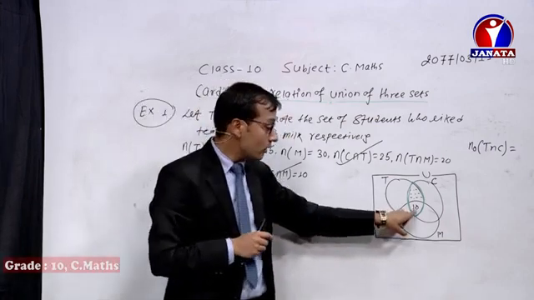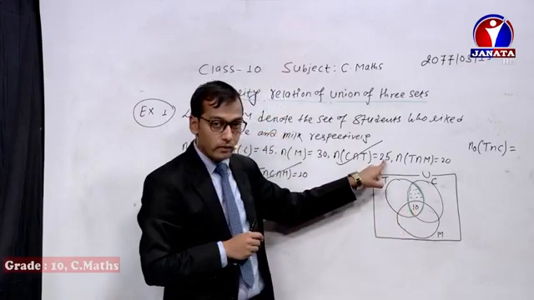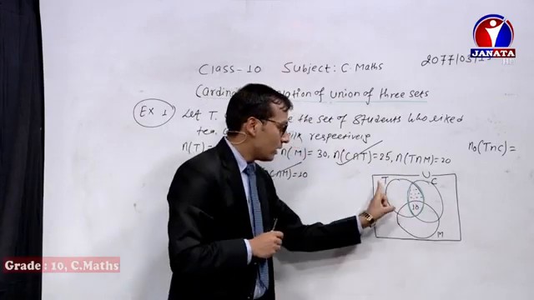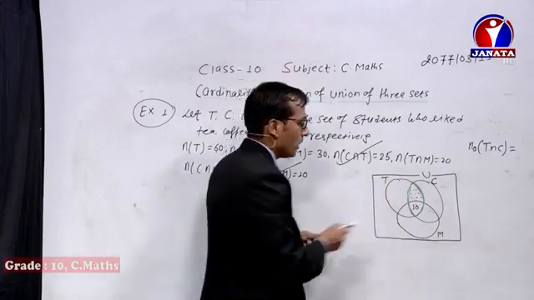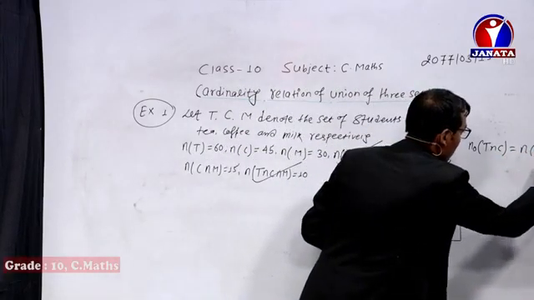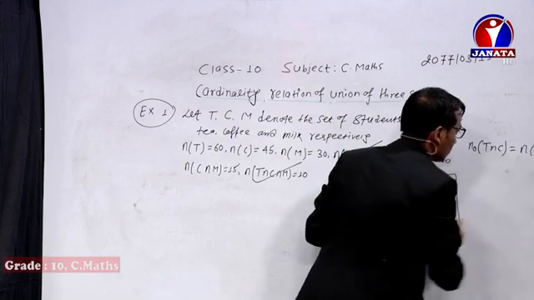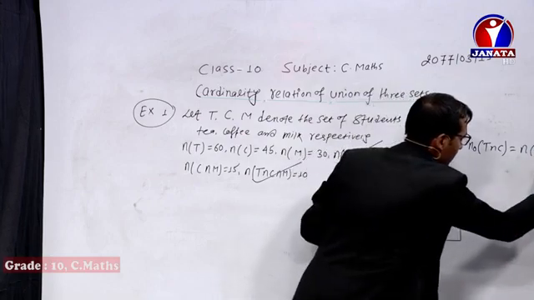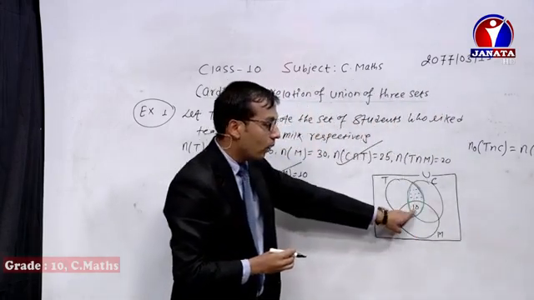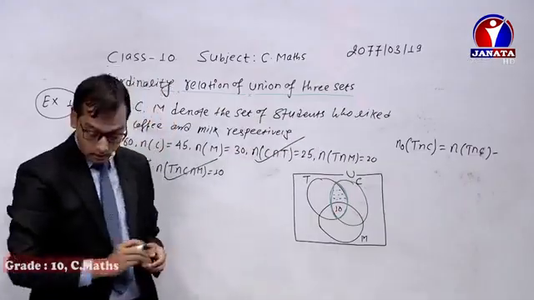So if we deduct 10 from 25, we can obtain the number to be inserted in only T ∩ C. So only T ∩ C is n(T ∩ C) minus the intersection of all 3 subsets.